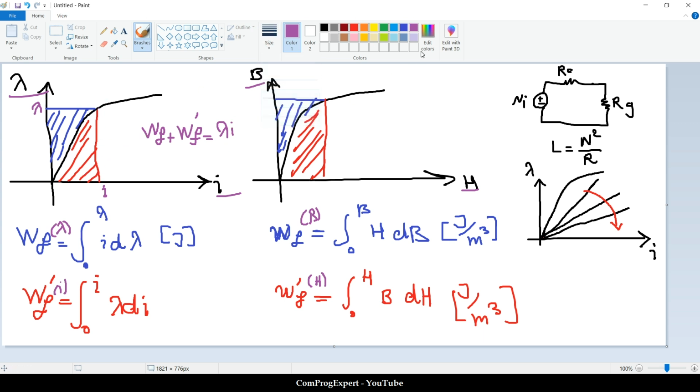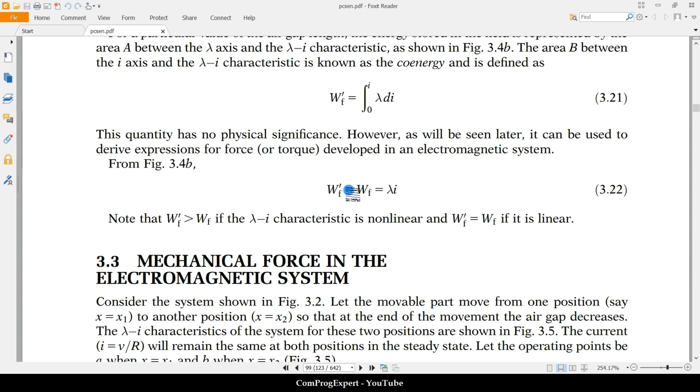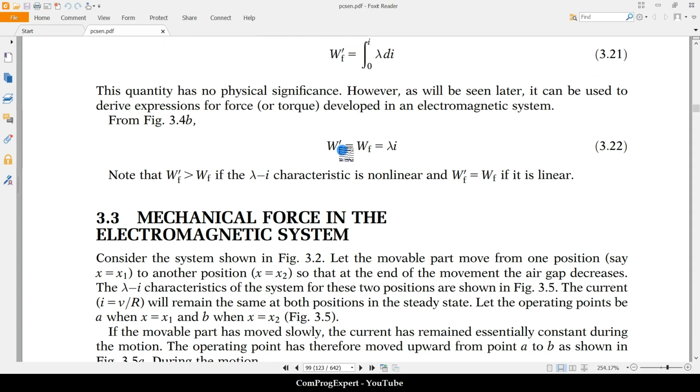Yes, you know that the area of this rectangle is lambda times I, this equation. And so, yes, this is a summation. I think this is a typo. Okay, this is a summation.